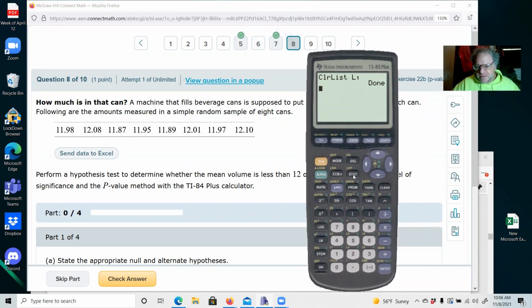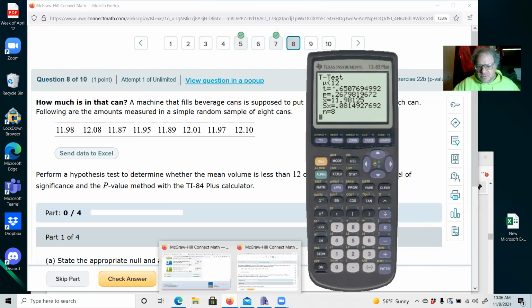So we're going to go back to stat, tests, t-test. Data, 12, list 1. And in this case, we wanted less than, because you could be a consumer group wondering if you're getting the right amount that you paid for. And here it's like, well, not so much.